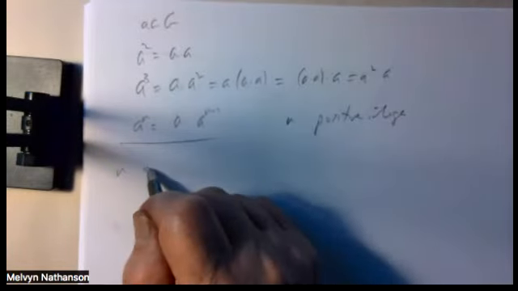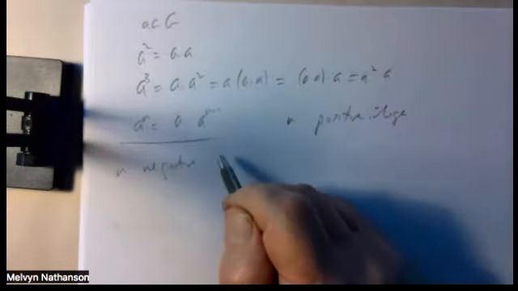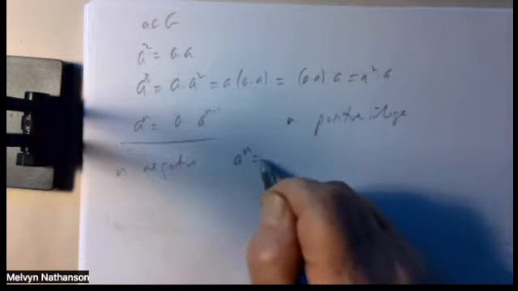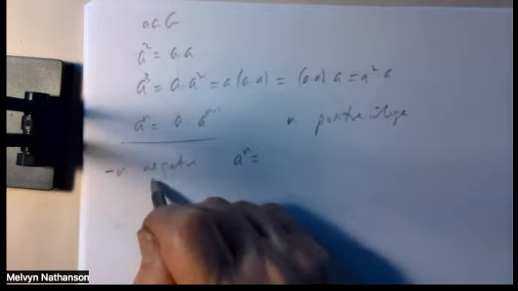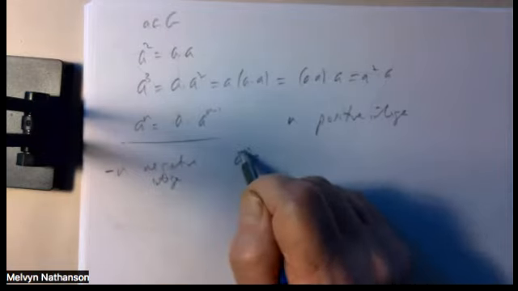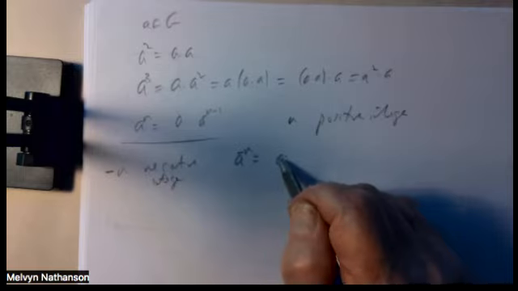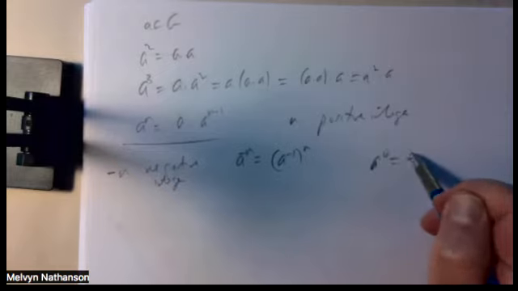For n a negative integer, A to the minus n we define to be A inverse to the n. And A to the power 0 is the identity.